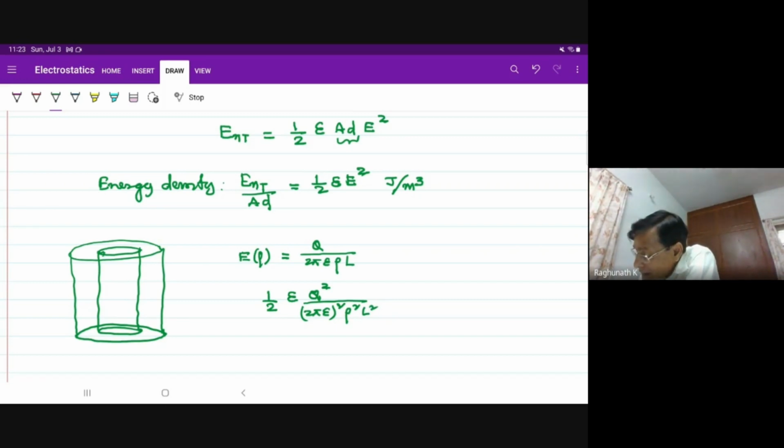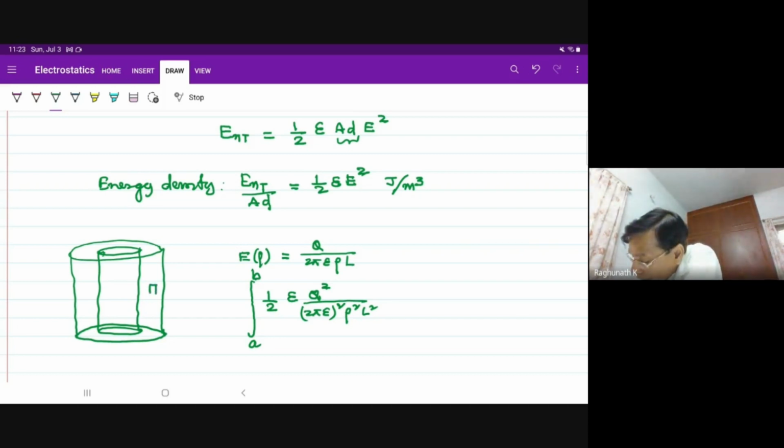Is the energy density at any point? Please check it. And the total energy stored between the conductors is what? Rho from A to B.